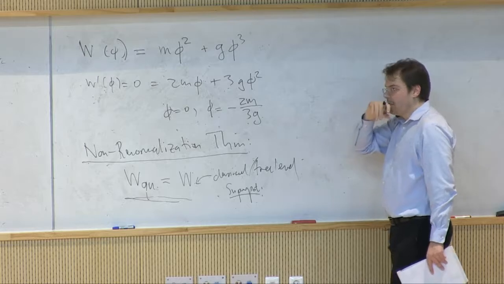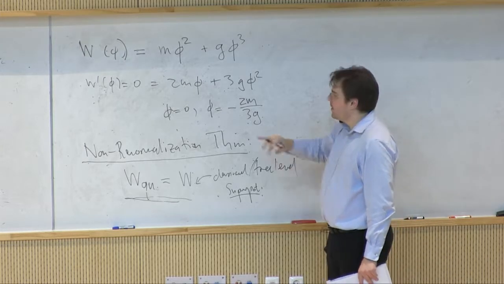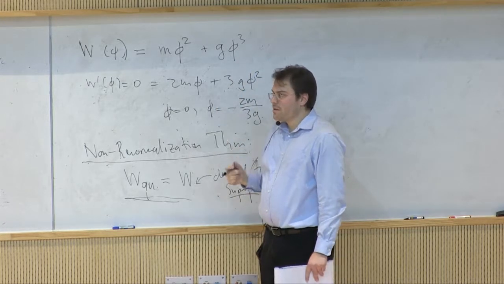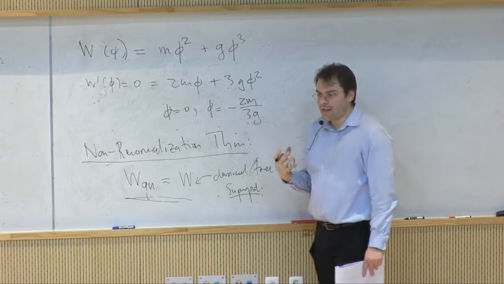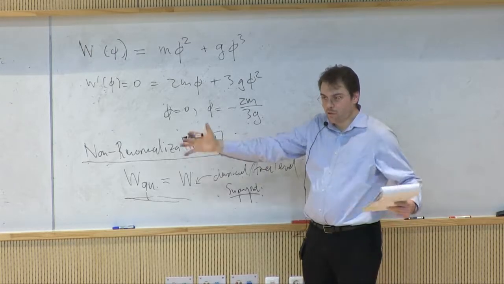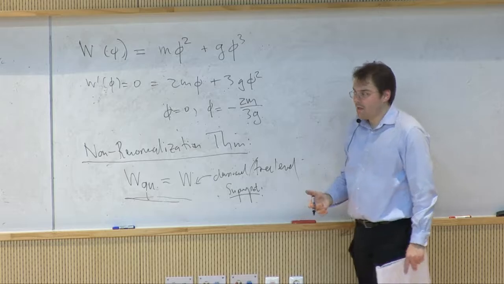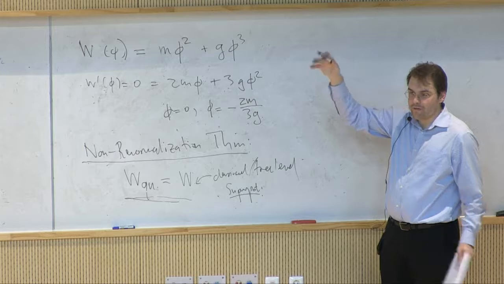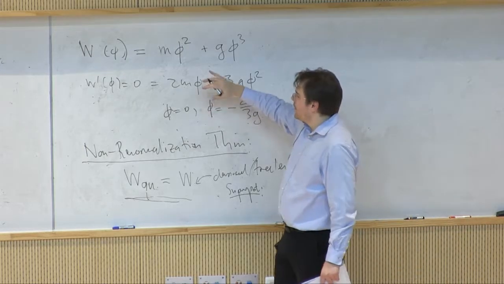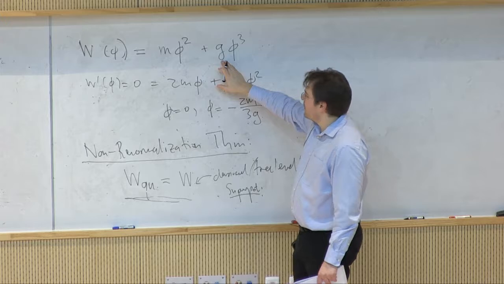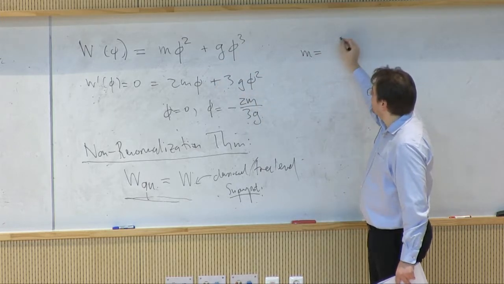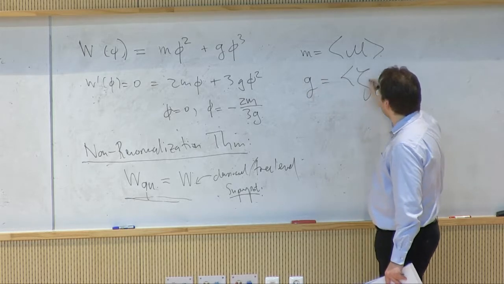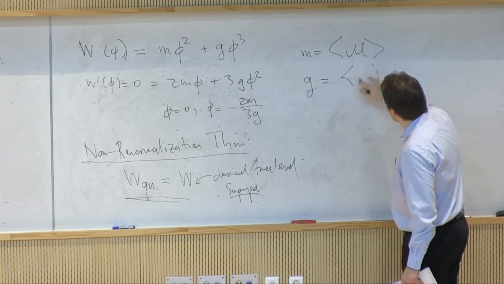So you somehow imagine, as explicitly or implicitly as you would like, that there are some other chiral superfields in the theory, and the best way to imagine them is really as kind of static, non-dynamical superfields, which are just sources or backgrounds that you get to specify. But if that's not palatable to you, you could also imagine that they're somehow extremely heavy and don't fluctuate very much, but are basically dynamical. Either way, you imagine that M and G are not just numbers, but that they're actually expectation values of bottom components of some chiral superfields. Let's call them script M, and script G.